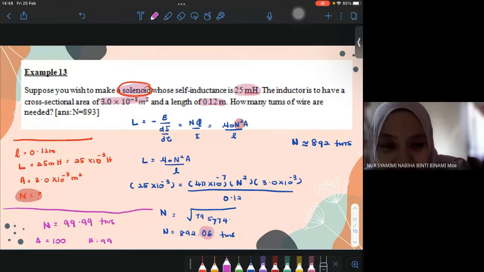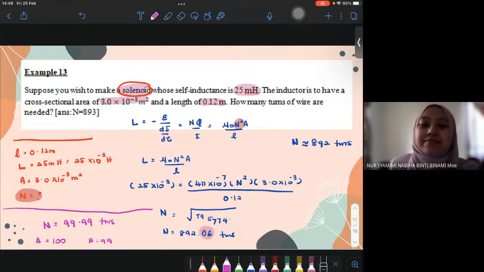Okay, so the answer is it A or B? The answer is, walaupun dia 99.99999 sekalipun, yang belakang ni dia belum cukup sifat. Selagi dia belum cukup sifat, kita tak boleh kira dia sebagai satu. So, dia akan menjadi B, 99 sahaja. Ingat, kalau benda yang wujud, for example, number of turns.